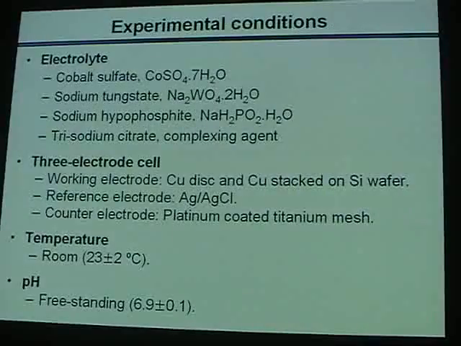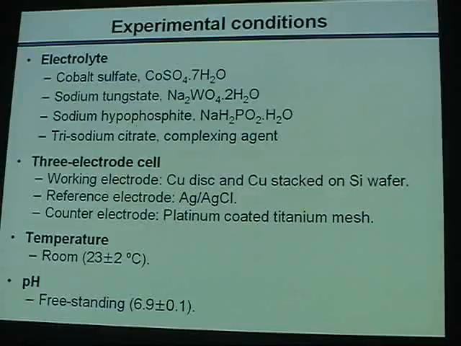For the experimental conditions, we use cobalt sulfate as a source of cobalt, sodium tungstate, sodium hypophosphite, and trisodium citrate as a complexing agent. We use a three electrode cell, which people normally use for electrodeposition or electroanalytical study.